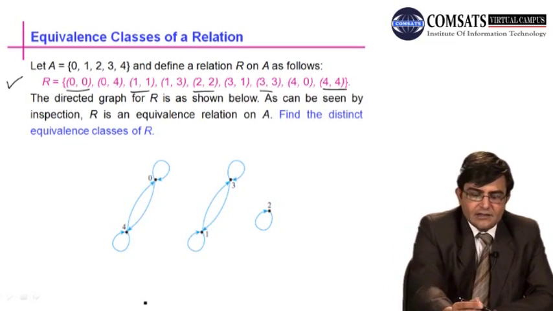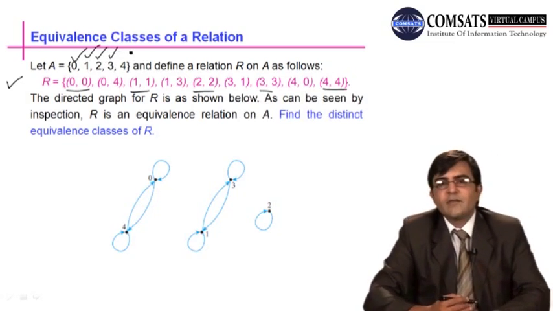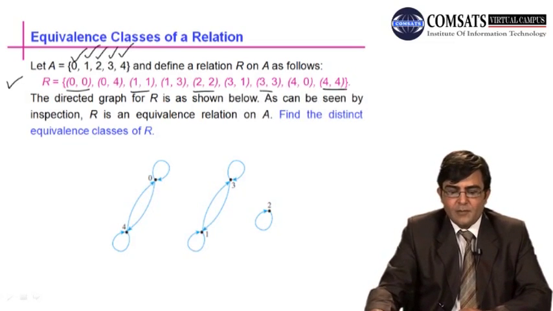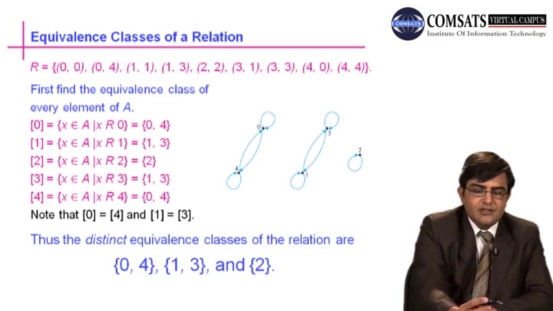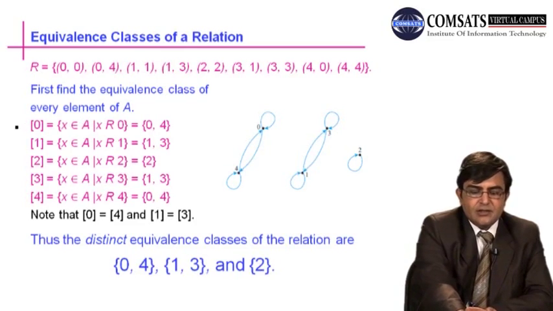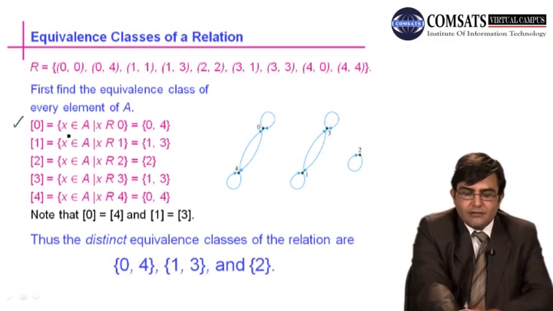Now we have to write the equivalence classes of this relation. First we write the equivalence class for 0, then for 1, then for 2, then for 3, and then for 4. We write an equivalence class for each element of A. For 0, we write it as [0], which contains all those elements of A which are related to 0.